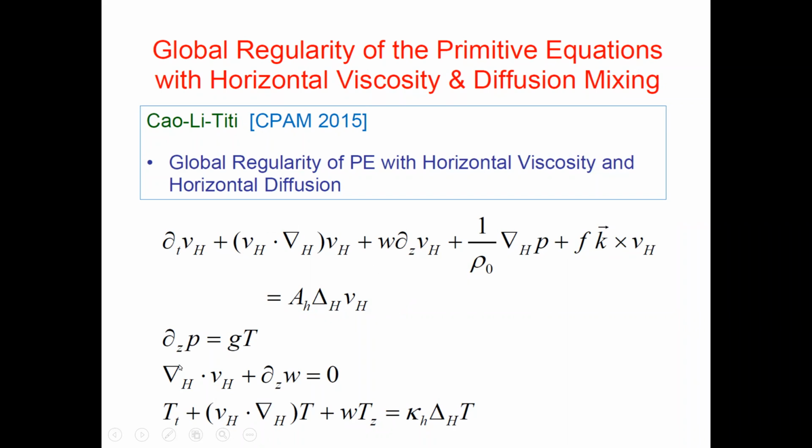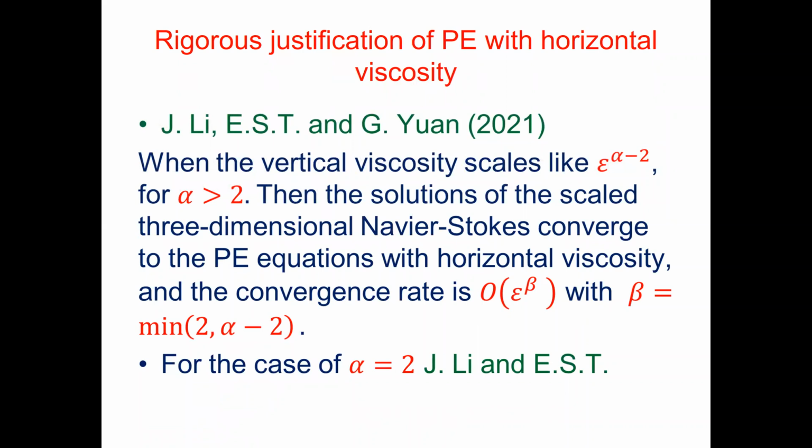We first prove that the primitive equations have global regularity, because this would be the reference solution that I would like to compare against. So here's a new result, which just appeared in the Journal of Differential Equations, again with Jinkai Li and his student Yuan, in which we have the following result.